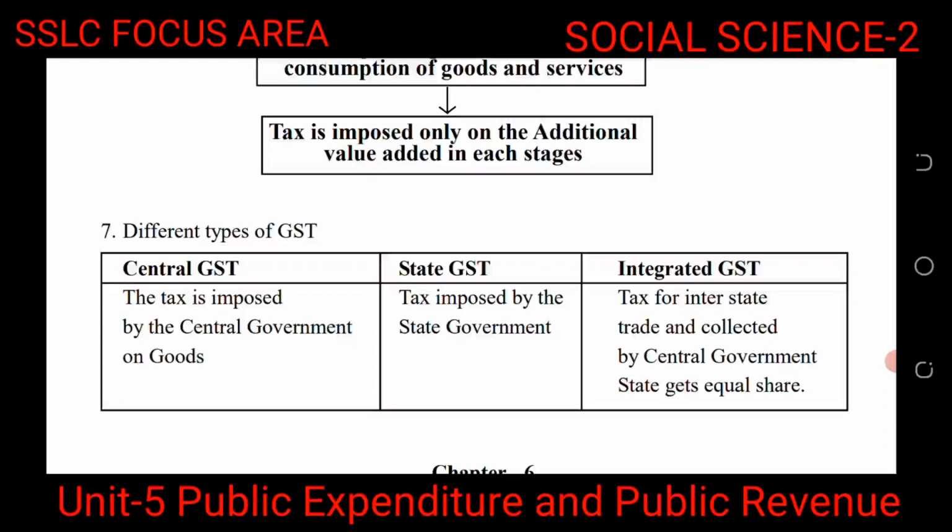That is central GST. And state GST is tax imposed by the state government. Integrated GST means tax for interstate trade, collected by the central government. States get an equal share. That is integrated GST.